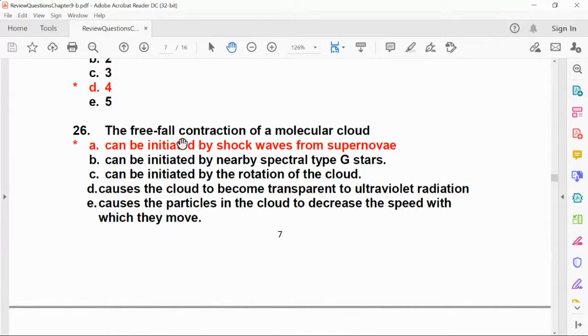The free fall contraction of a molecular cloud, you have a cloud, and a free fall here, it's basically like gravity. So that's what we call gravitational energy or potential energy. It can be initiated by a shock wave from a supernova.